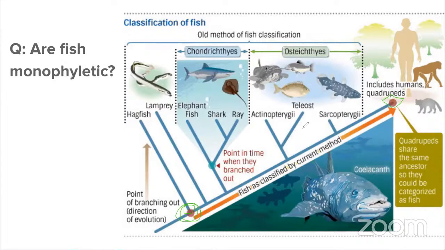So not monophyletic. So our fish would be considered a paraphyletic group. So paraphyletic means that we have a common ancestor and we're including most but not all of the descendants. Okay, so we're including this group, but we picked one specific group to leave out.